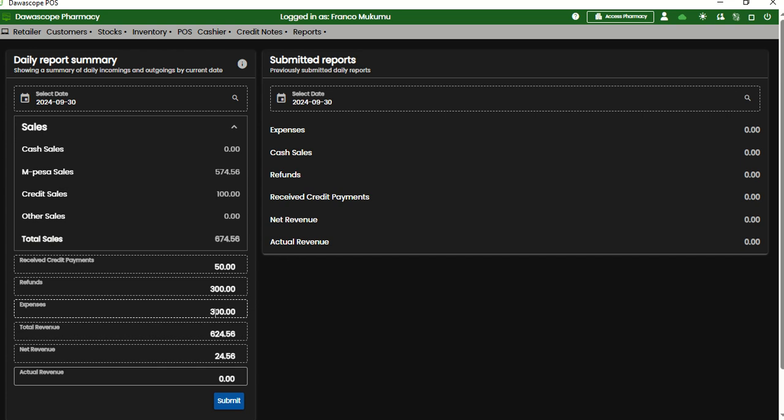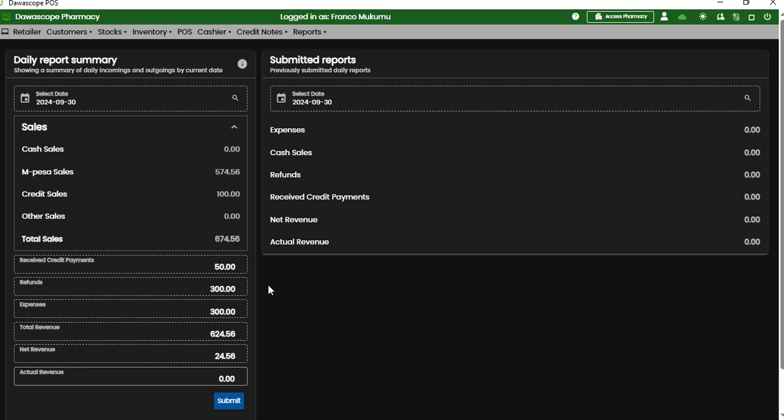There has been an expense of 300. Total revenue is 624. When you subtract the expense and the refund, you get 24 shillings.